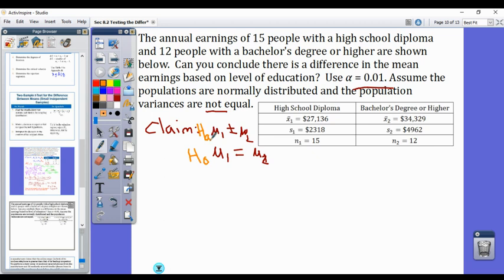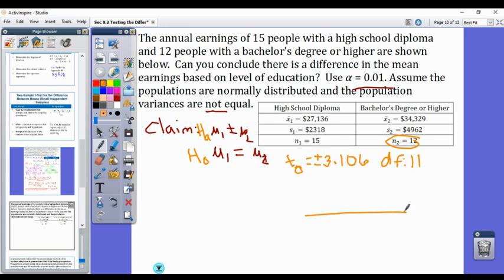Okay, so this time we're going to be using the 12 to determine our degrees of freedom, and our degrees of freedom is going to be 11. And then we are using a 1% significance level. So 1% significance level with degrees of freedom of 11 is going to give me a T0 critical value of plus or minus 3.106.